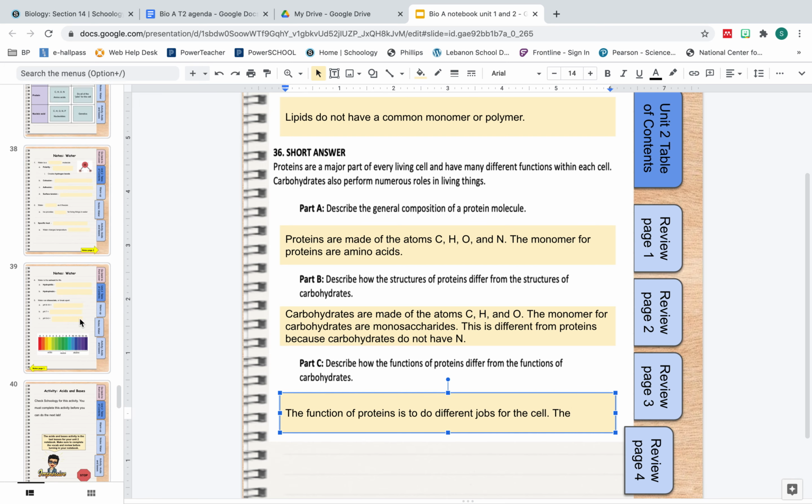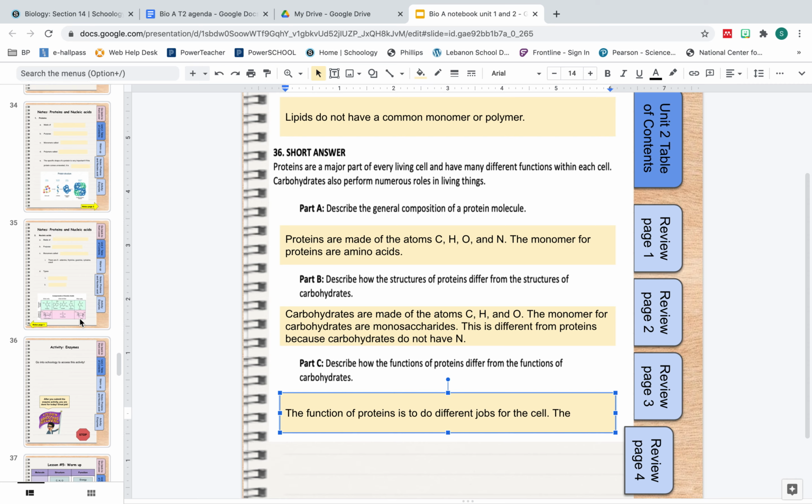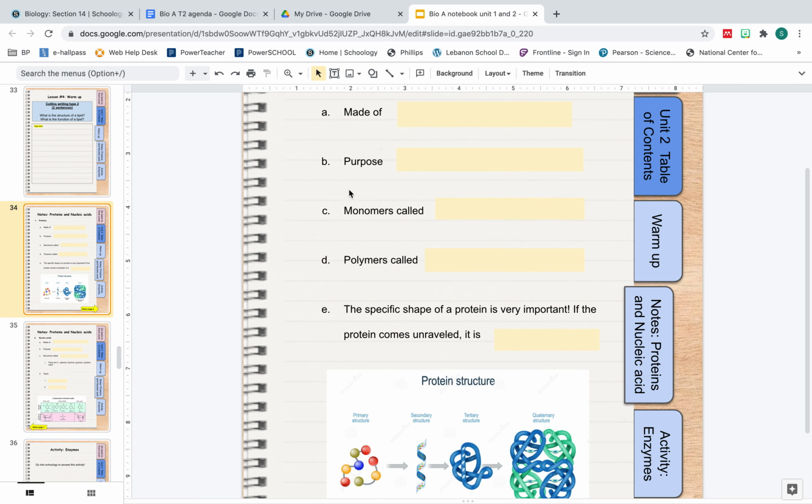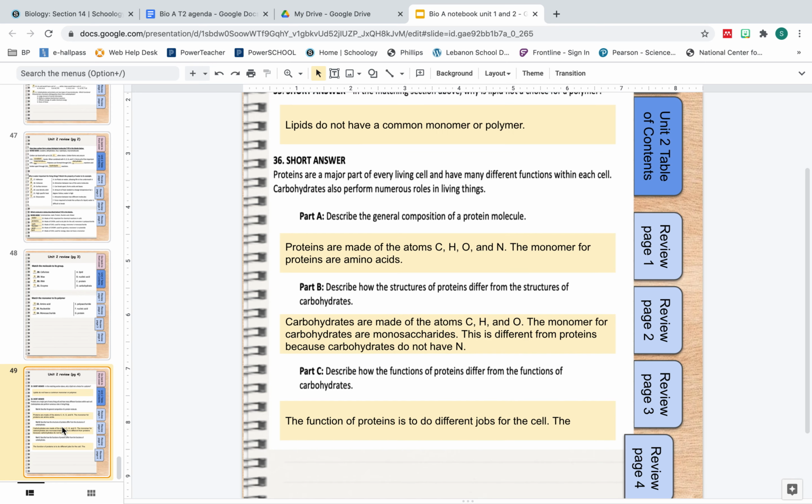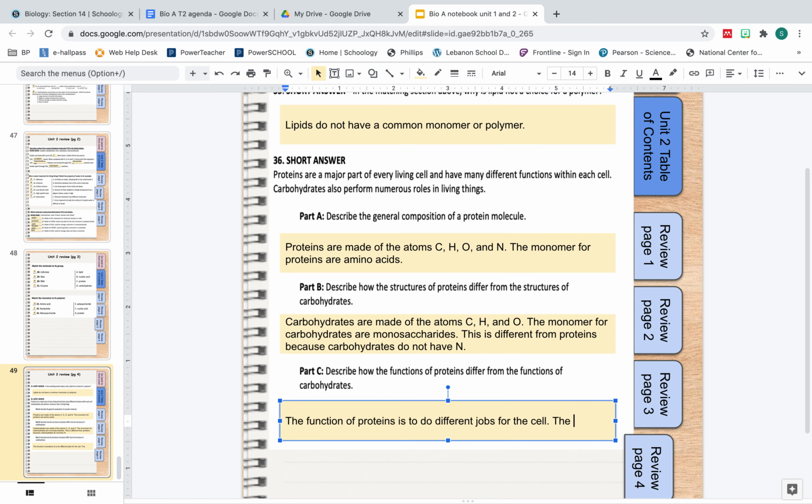You scroll back up until you see proteins, purpose, to perform jobs for the cell. I know that's what you wrote there because I made the notes. The function of carbohydrates is energy, structure, and storage.